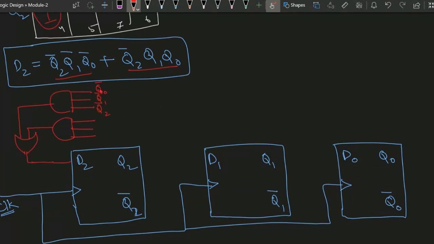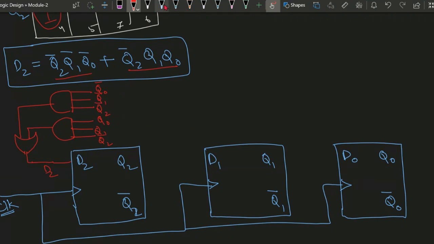So Q0 bar, Q1 bar, and Q2 bar. And then this one will be Q0, Q1, and then Q2 bar. So this is the expression for D2.